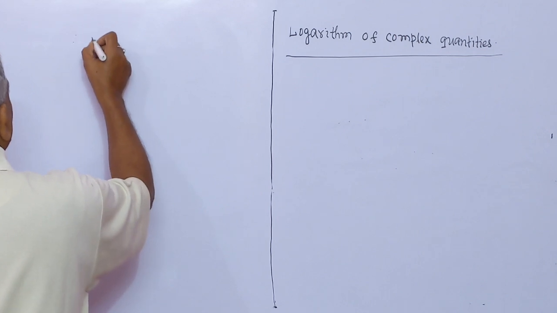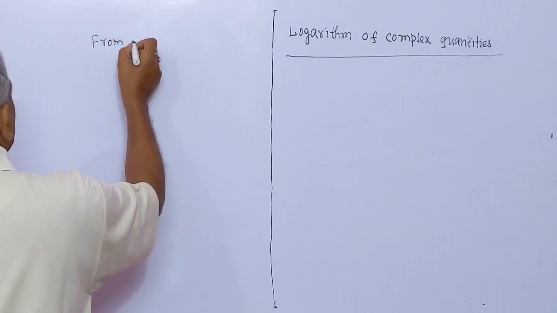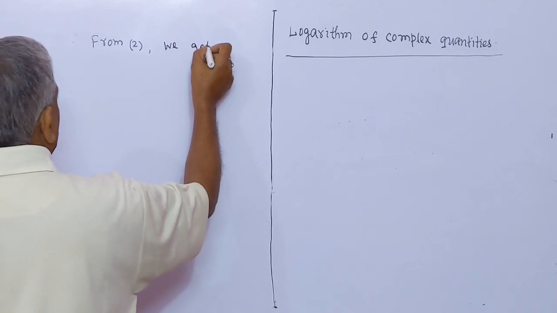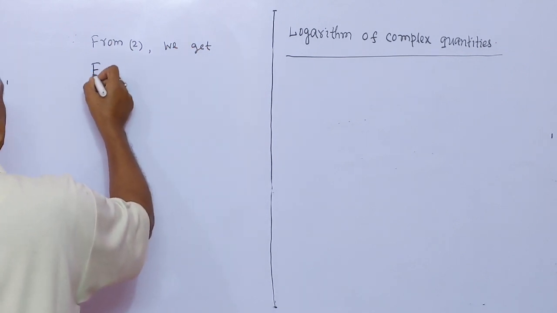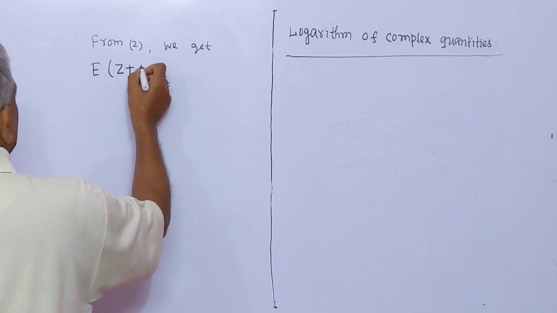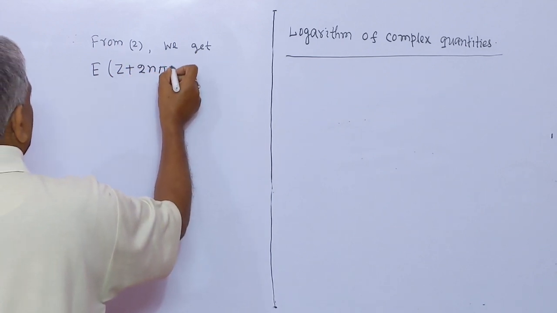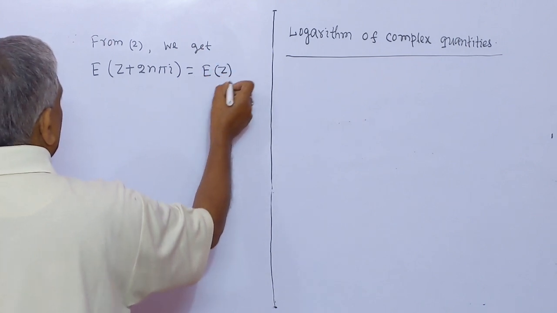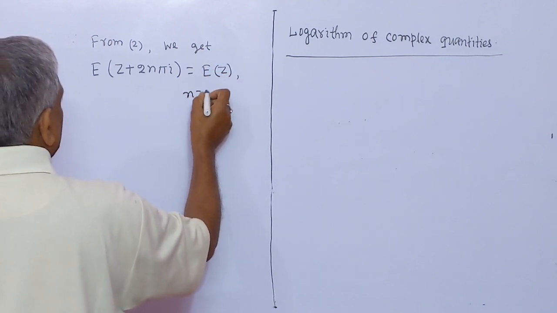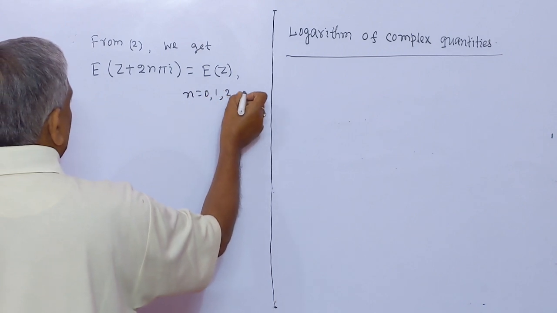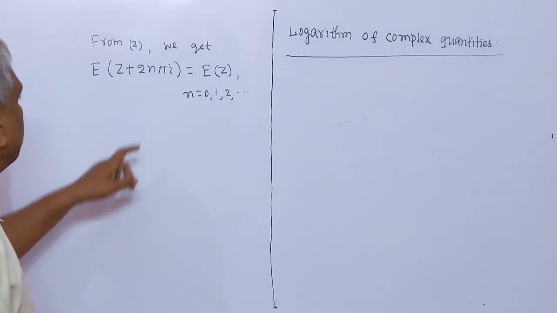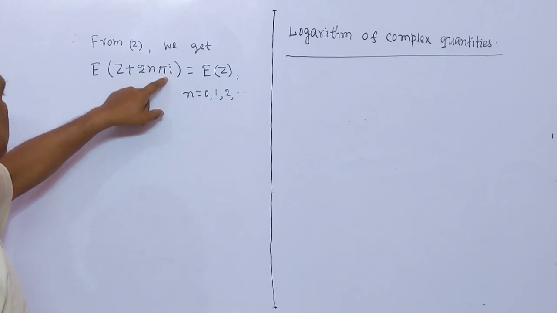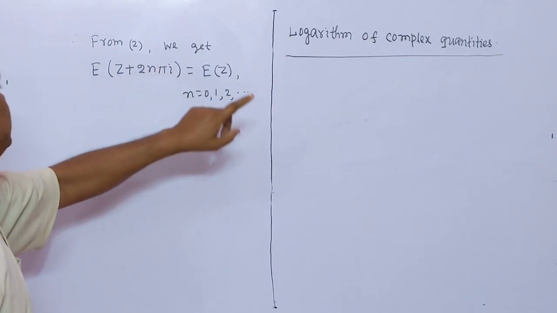Since from 2 we get E(z plus 2n pi i) equal to E(z), n equal to 0, 1, 2, and so on. Here if we put the value n equal to 0, then we get E(z) equal to E(z).